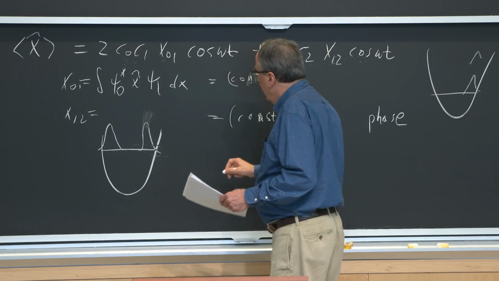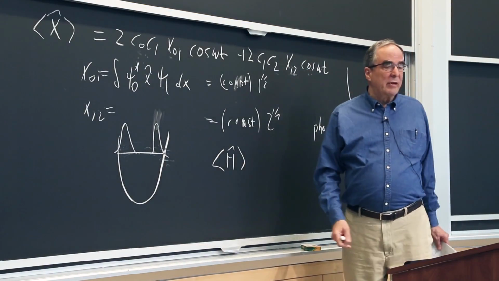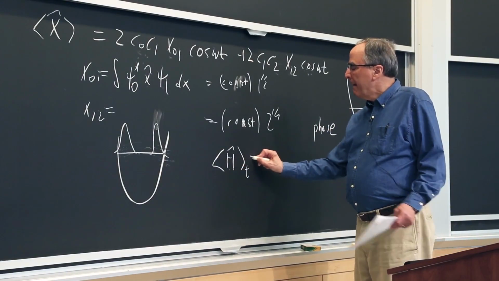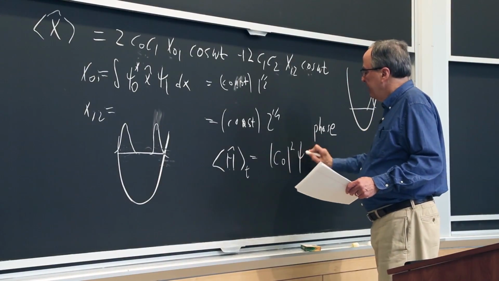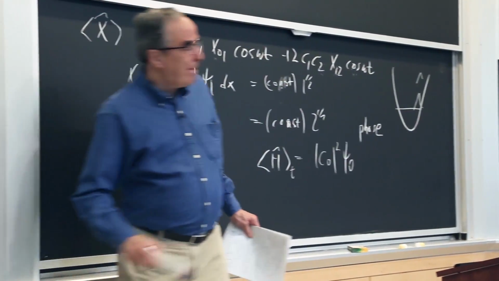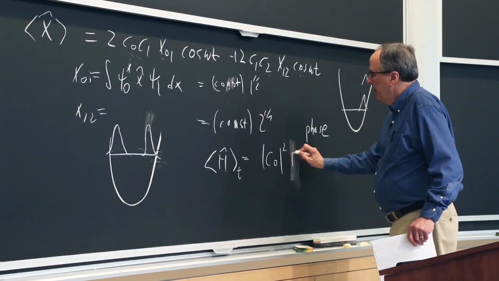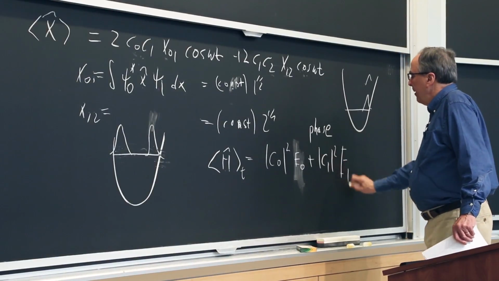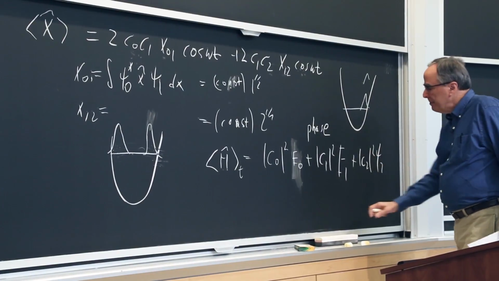Okay. Now, I said, if we want to know the energy of this wave packet, we take the expectation value of the Hamiltonian. And the expectation of the Hamiltonian is C0 squared E0 plus C1 squared E1 plus C2 squared E2.